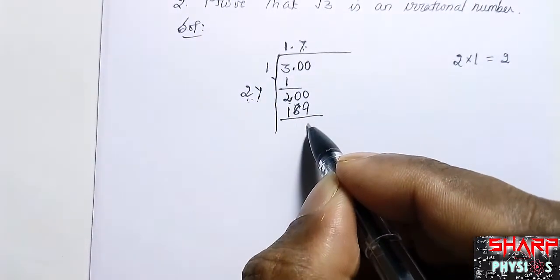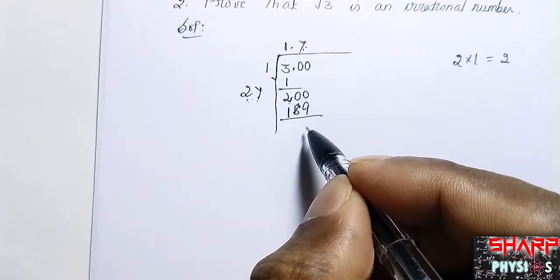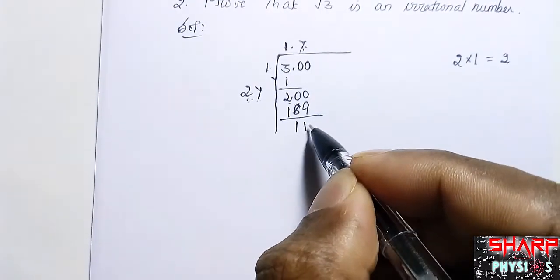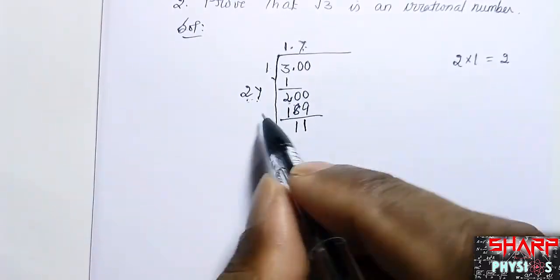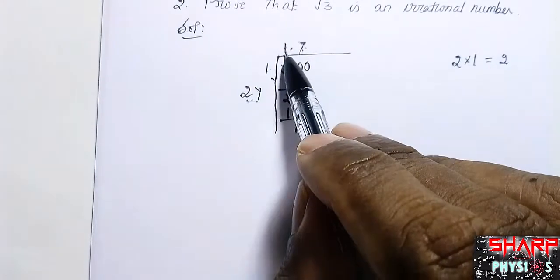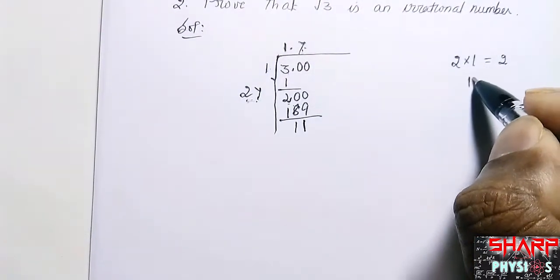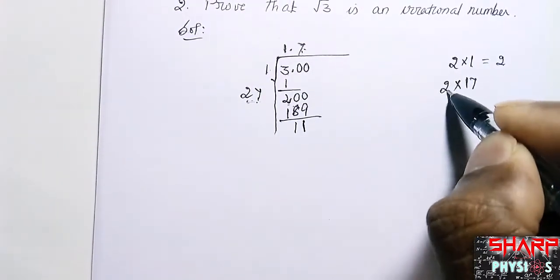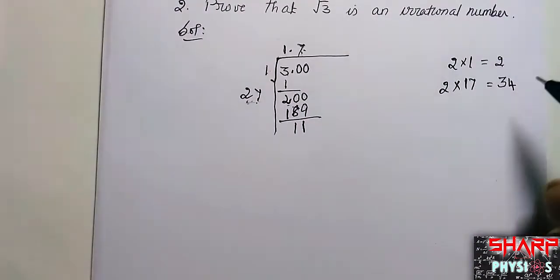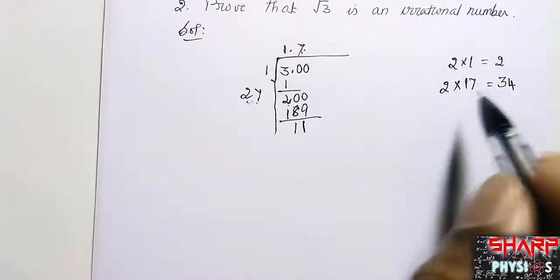So when you subtract this, you get 11. Now you have to multiply this 17. 17 into 2, you get 34. So you write this 34 here.